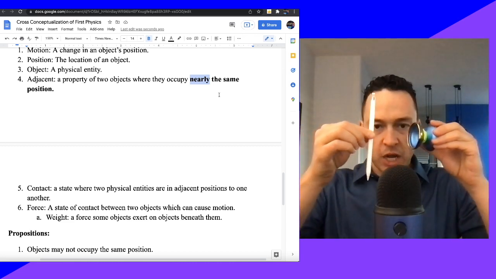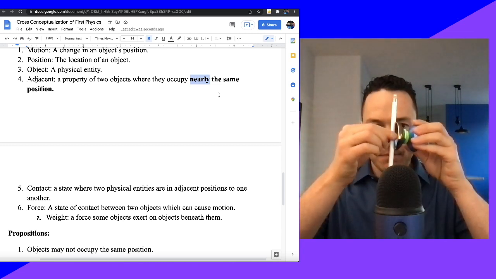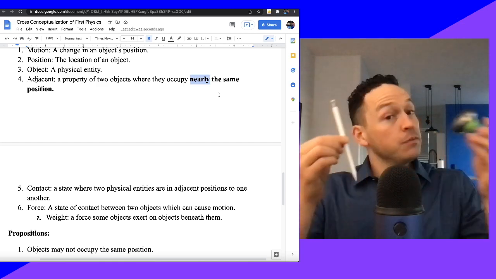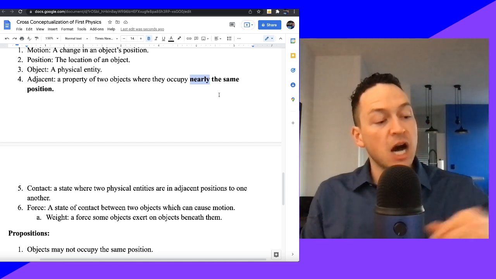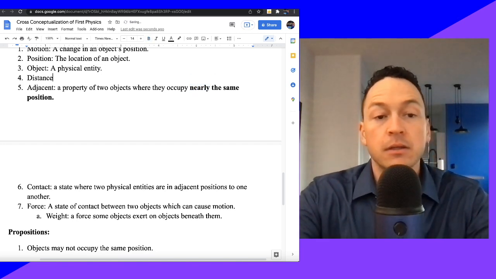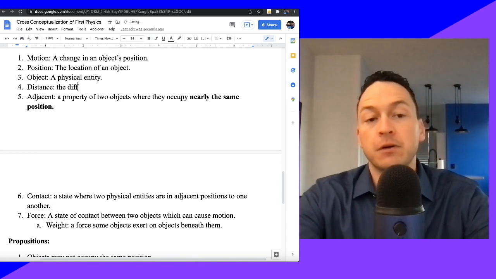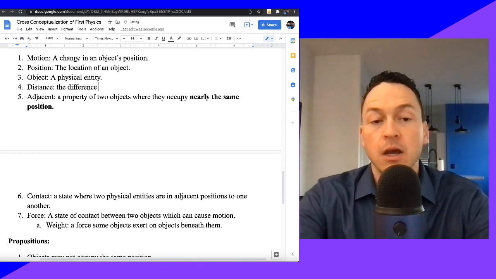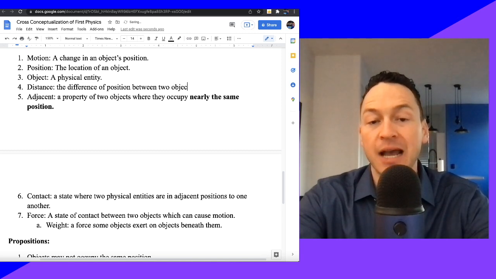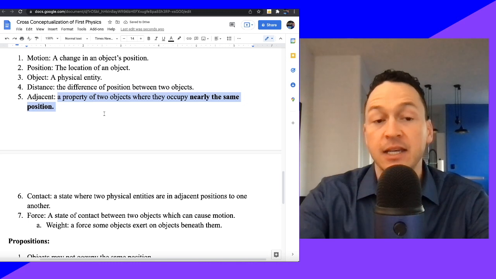And so when we talk about nearly the same position, we mean the distance is very small. Well, that brings us to a new concept, which is distance. Distance is the difference of position between two objects. Okay? So this allows us to redefine adjacent.